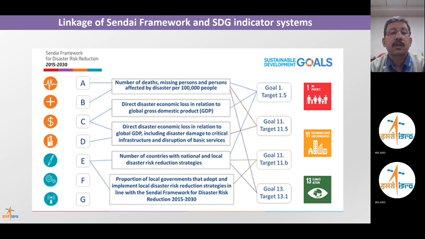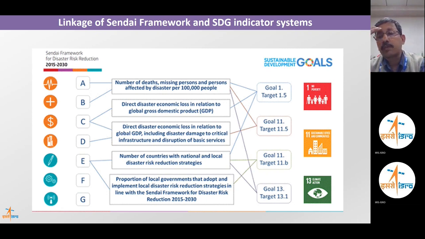or reduction in number of deaths, direct economic loss, direct disaster and economic loss in relation to disaster damage to critical infrastructure, number of countries who have good national and local level DRR strategies, and how the local governments are adopting and implementing the disaster risk reduction strategies at local level, which is in line with Sendai framework and sustainable development goals.